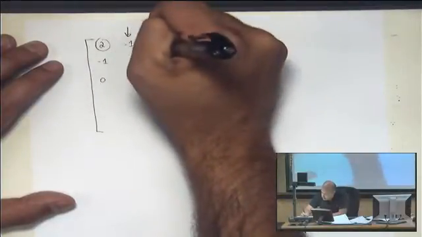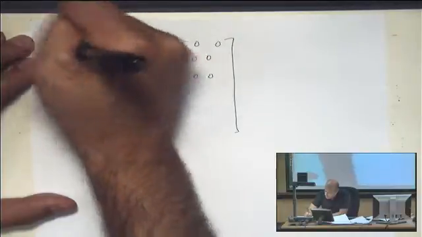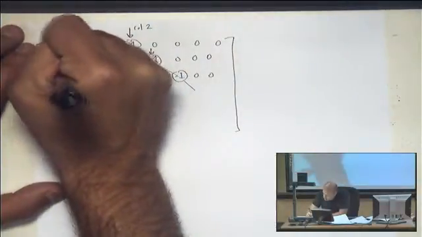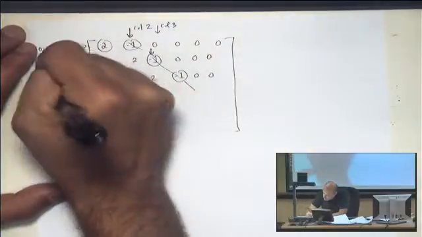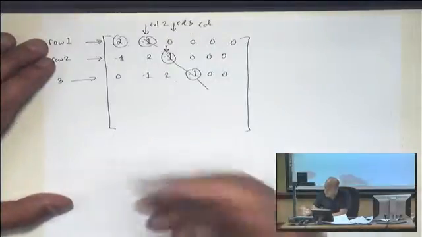I should have just pointed to all these over there. So this is the first row, row 1, column 2, right? That's minus 1. This is row 2, column 3. This is row 3, column 4. I'm starting to see a pattern here.